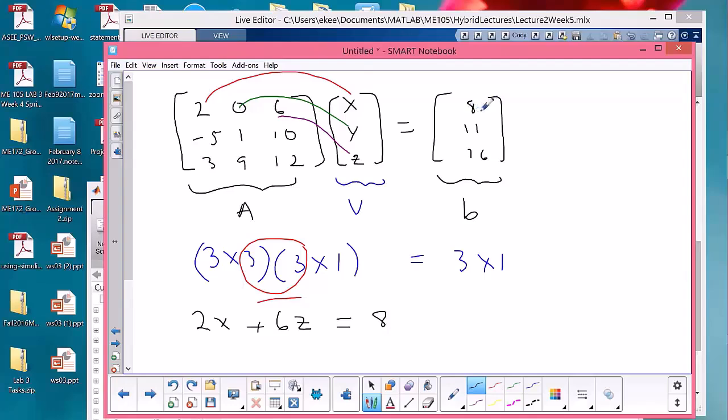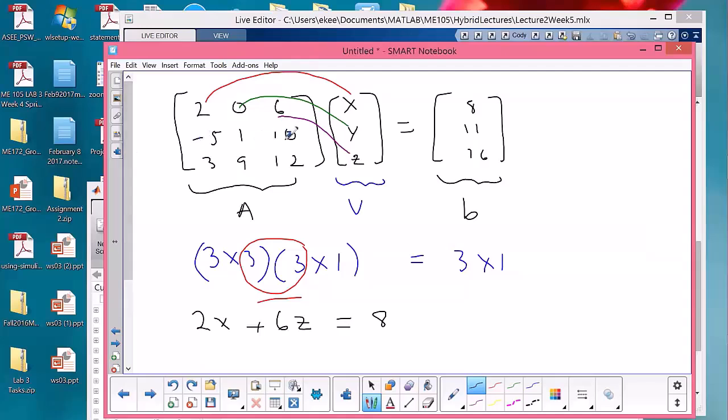The resulting vector has 3 rows, 1 column. And so I take this first row times this first column, and that gives me my result B11.